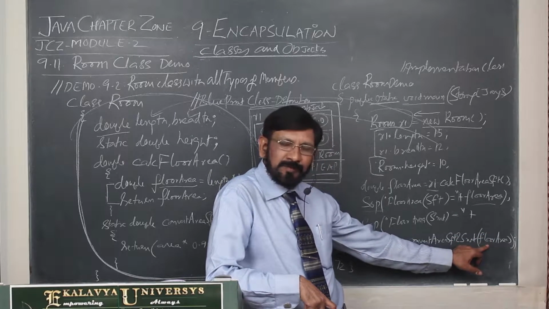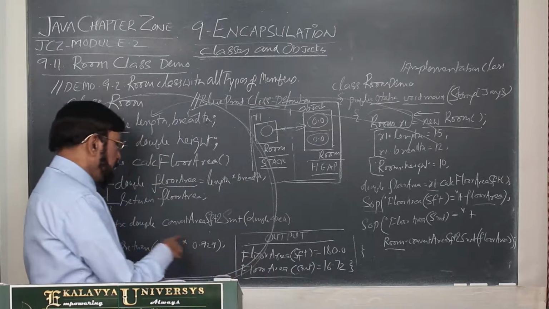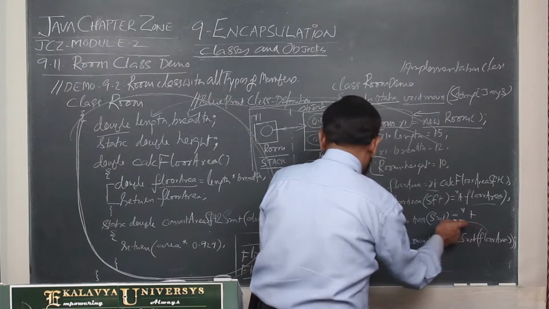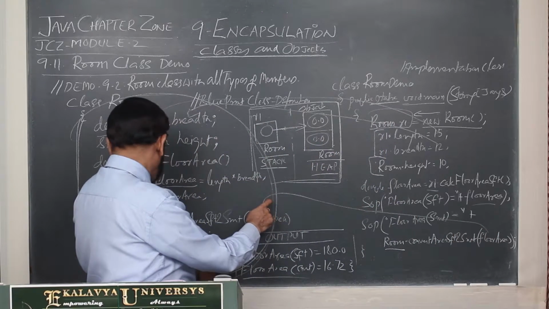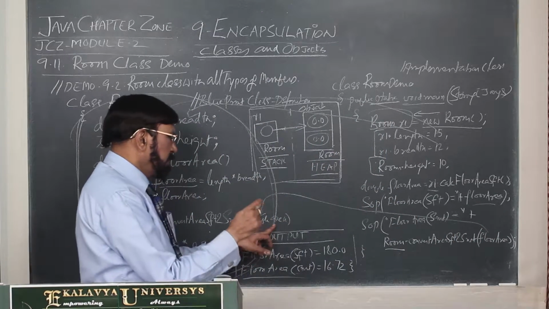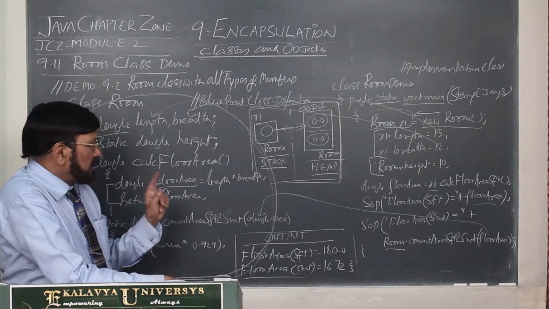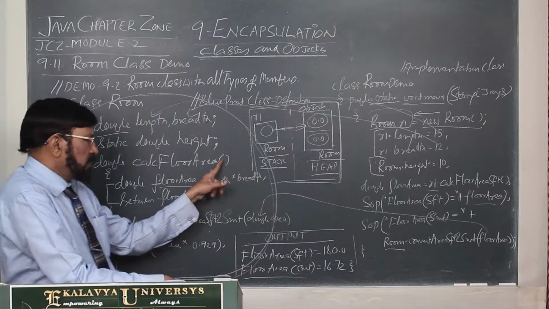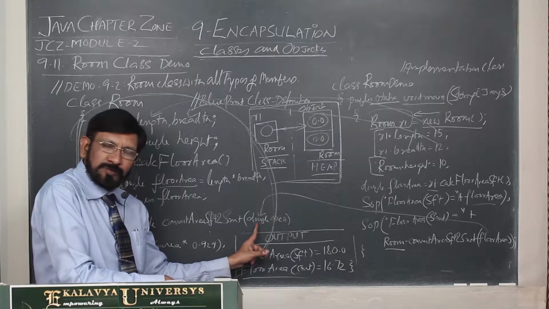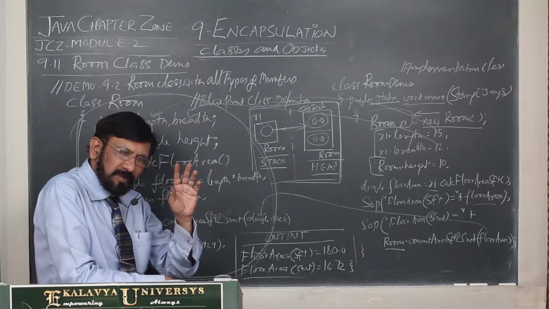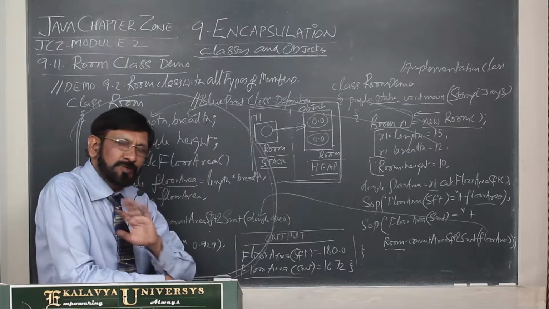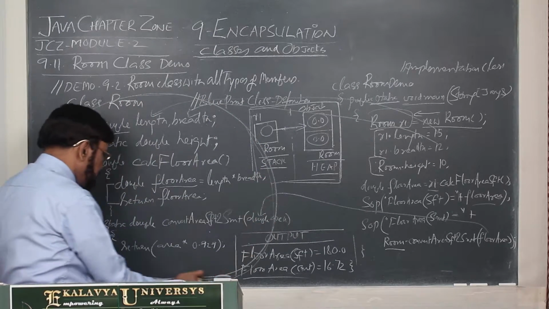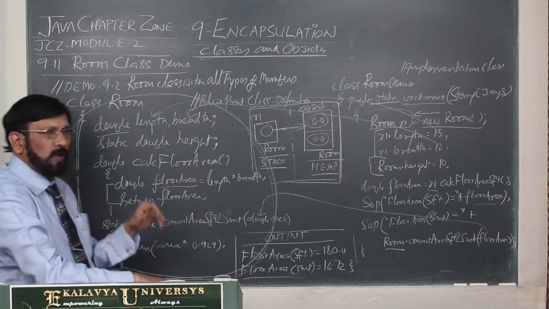Now you see, without passing the floor area, how can it get it? So here you are passing the floor area, that's why it is able to get it. And in the previous program I explained, I didn't give an argument to this, but here I am giving an argument to this. This point you must master, you should not have any doubt. Once we define the class, it is encapsulated, it is like your body.